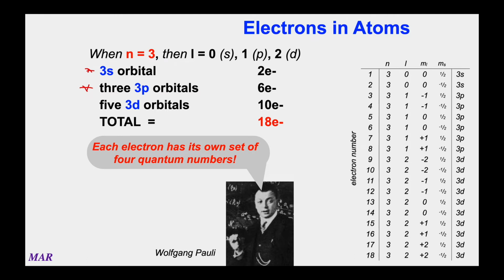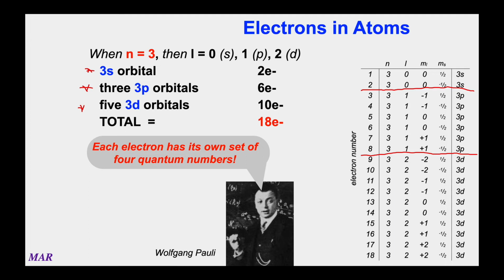But now we have a 3d when L equals 2. And as before, we can break all those quantum numbers down. Here are the two 3s electrons. Right to there represents the 6 3p electrons. And then finally, you've got the 10 3d electrons.